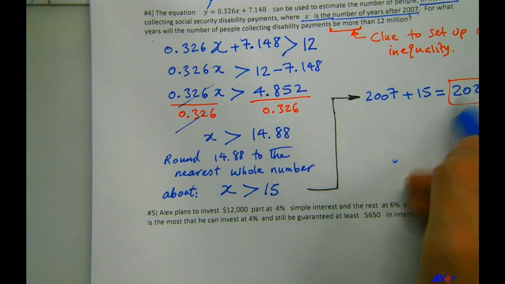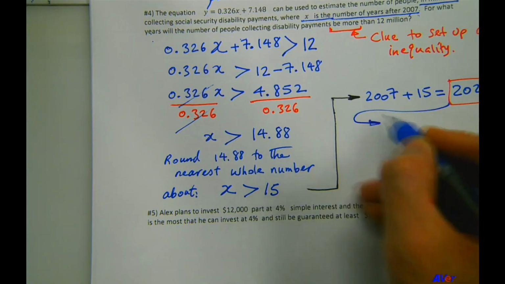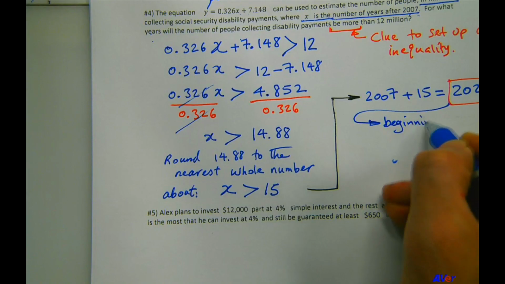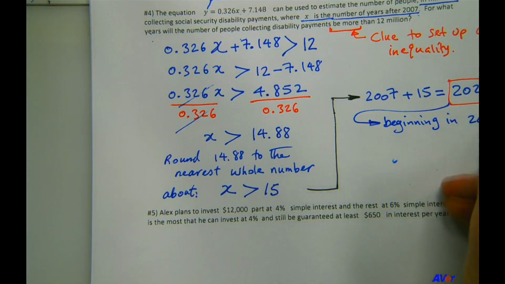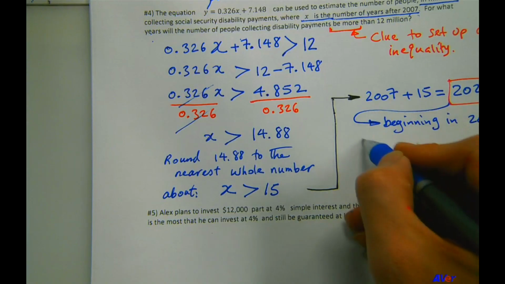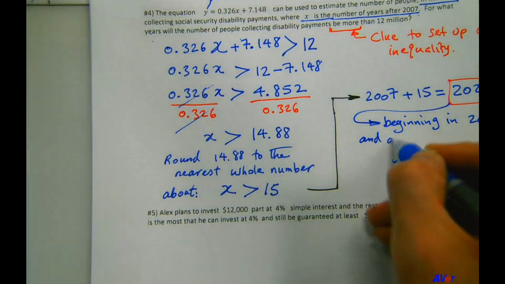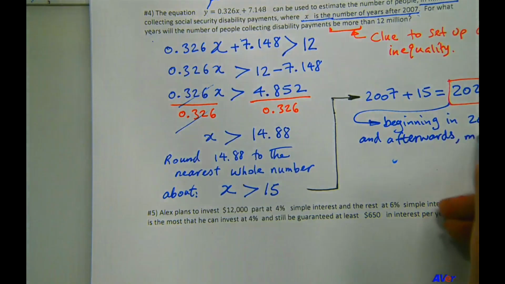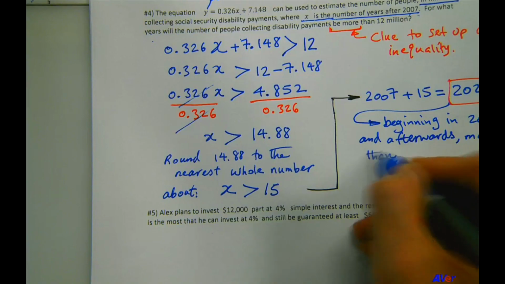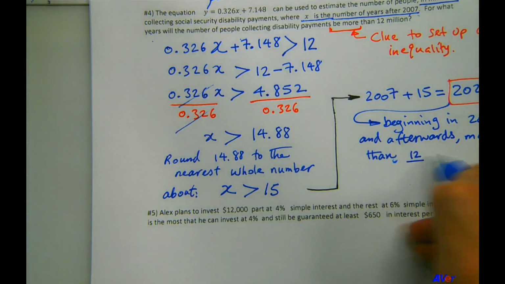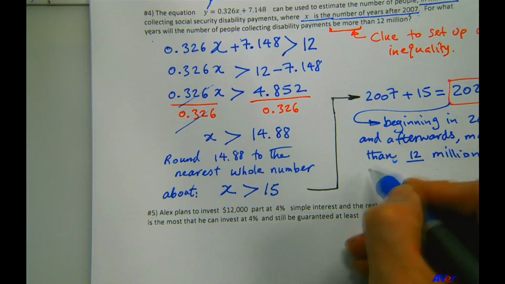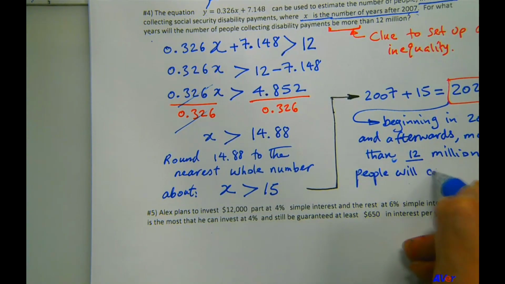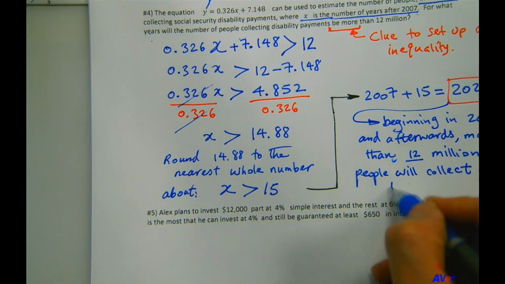So beginning in 2022 and afterwards, more than 12 million people will collect disability payments.